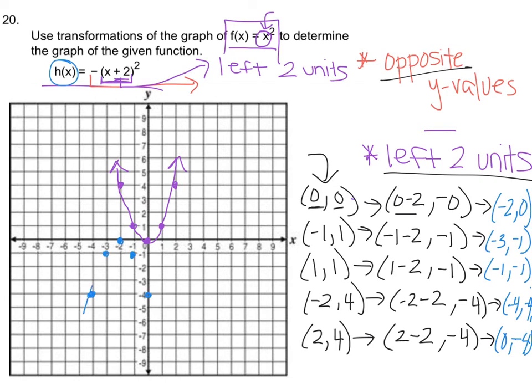And then I'll connect the dots to have a U shape. And this is my new parabola. As you can see, each point was reflected, so the parabola flipped over across the x-axis, and then they each moved 2 places to the left. And that blue graph is my final answer.